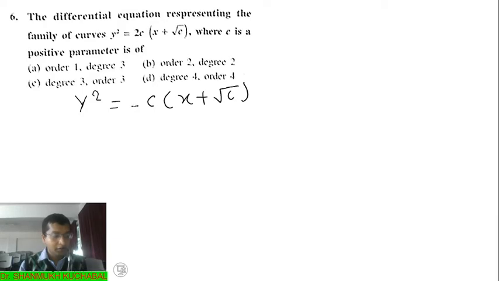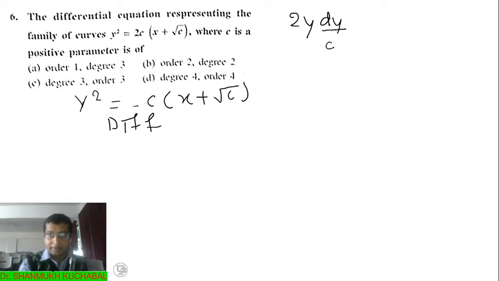Further we differentiate this: y square differentiation is 2y dy by dx, and c into x plus root c, c is constant, x differentiation is 1, root c differentiation is 0, so we get 2y dy by dx, another notation is y dash, equal to c.